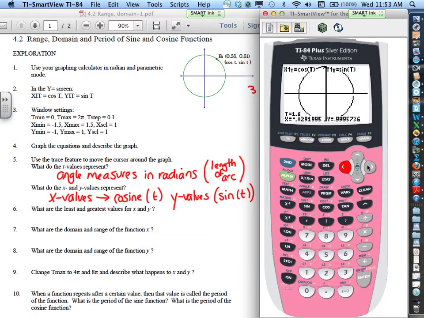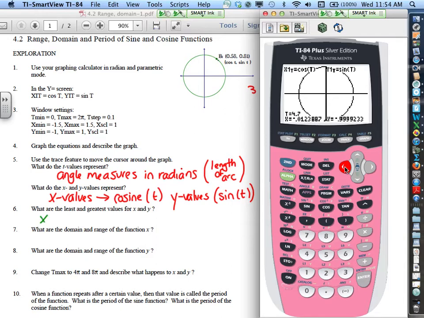My x value is really close to 0. Okay, so 0 and 1 so far. Over here at 180 degrees at pi, my x value is down to about -1. My y value is just about 0. And down the bottom here at 270 degrees, which is 3 pi over 2, we're at about 0 and -1 for my x and my y coordinates. And then back at the beginning, we're back to 1 and 0.